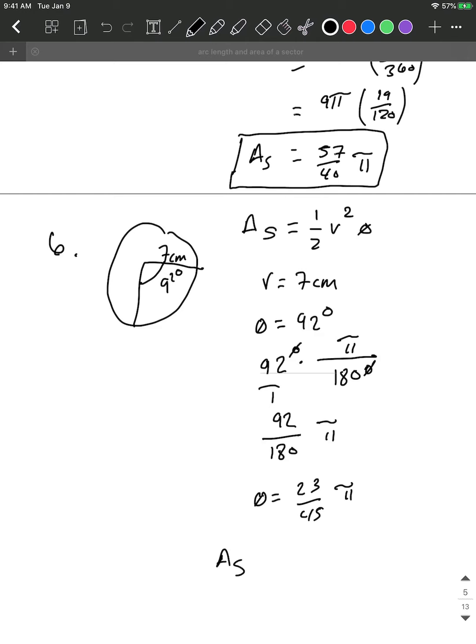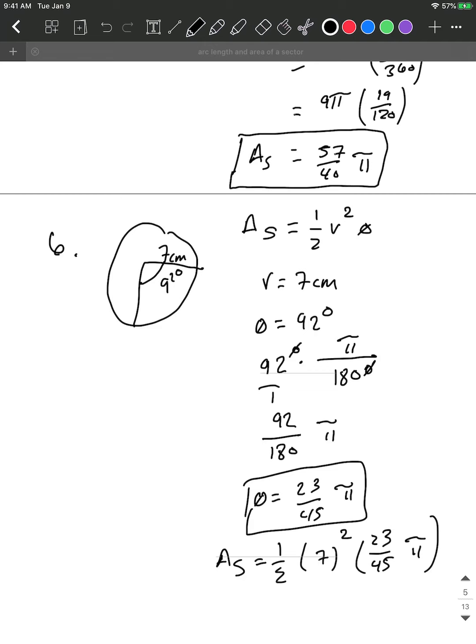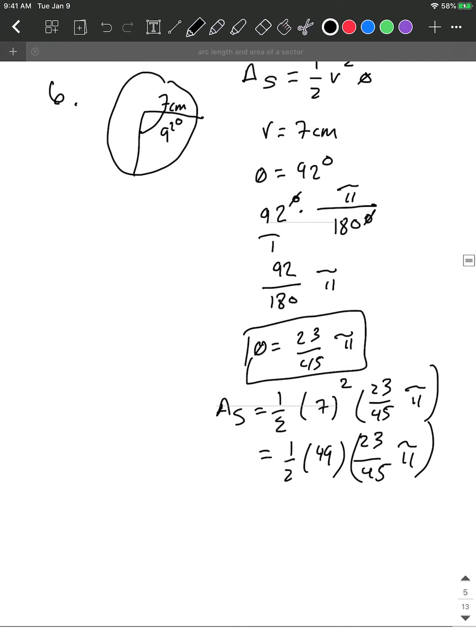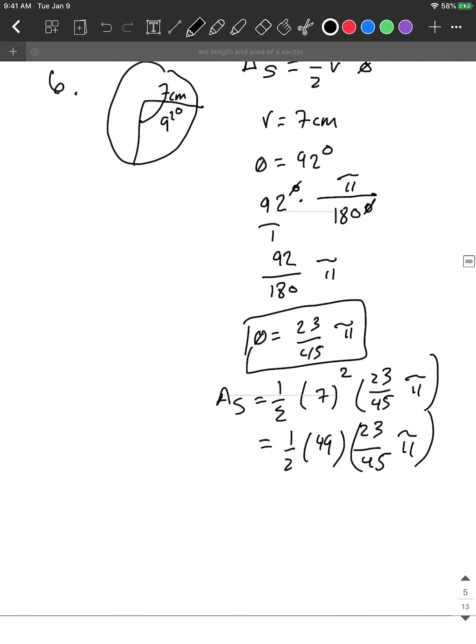Going back to the formula, we'll say 1/2 times 7 squared times 23 over 45 pi. Remember, we'll leave the pi alone just as it is. We know that 7 squared is 49, so we'll get 1/2 times 49 times 23 over 45 pi. Now we'll multiply this and see what it simplifies down to.